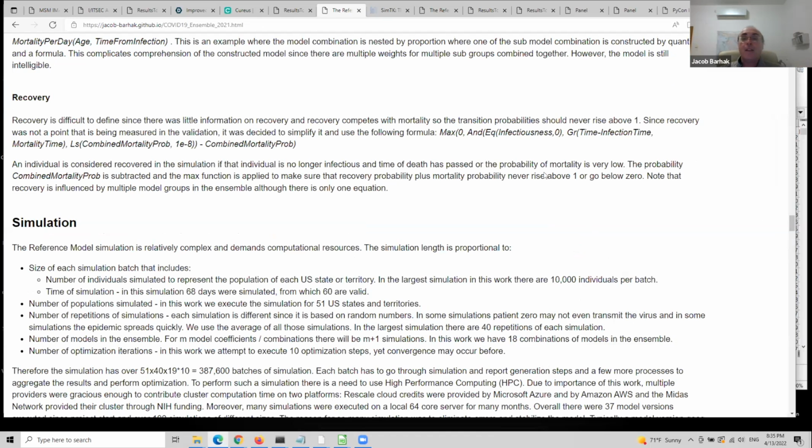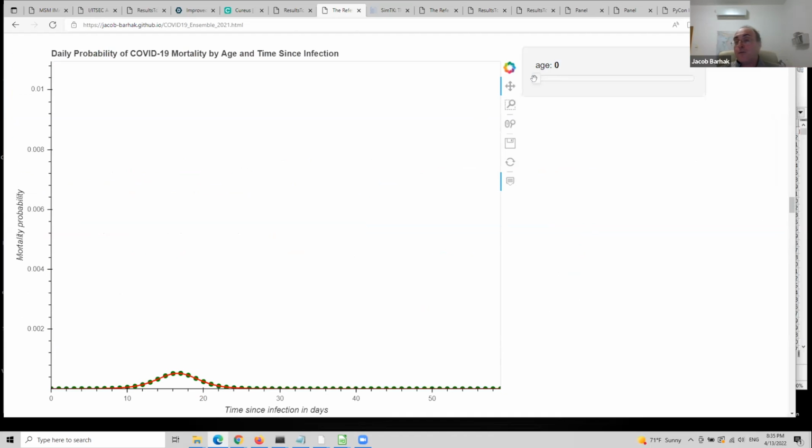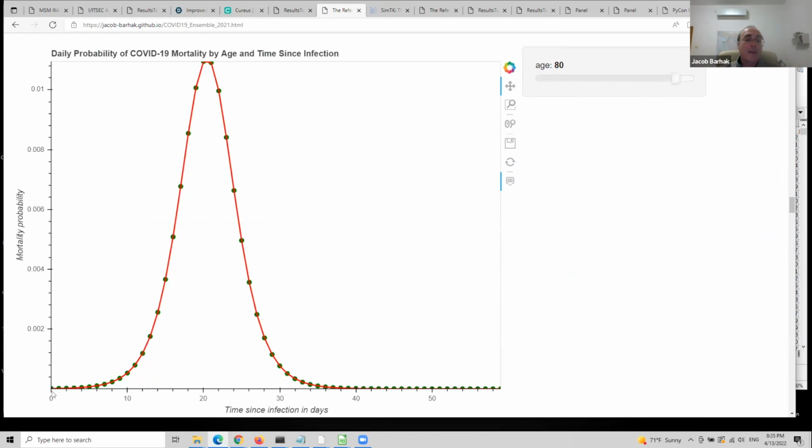This is Filippo Castiglioni, from one of the working groups. I said, look, I need a model that tells me the chance of someone at a certain age dying in a specific time. This is how it looks, from the beginning of infection.